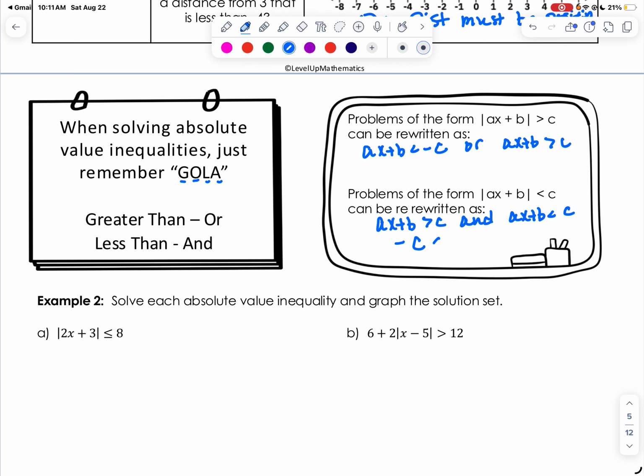Opposite C is less than AX plus B, which is less than C. Those are the two ways to write an and inequality.